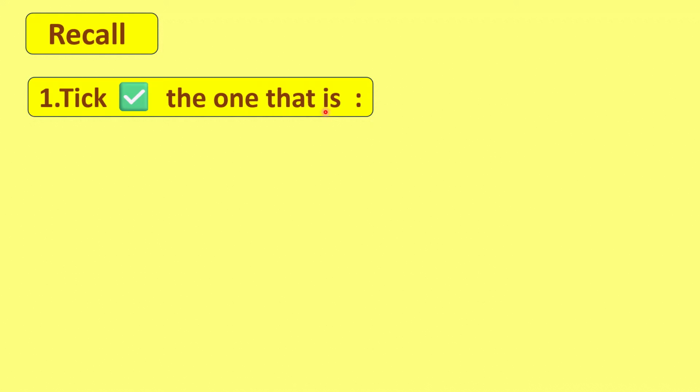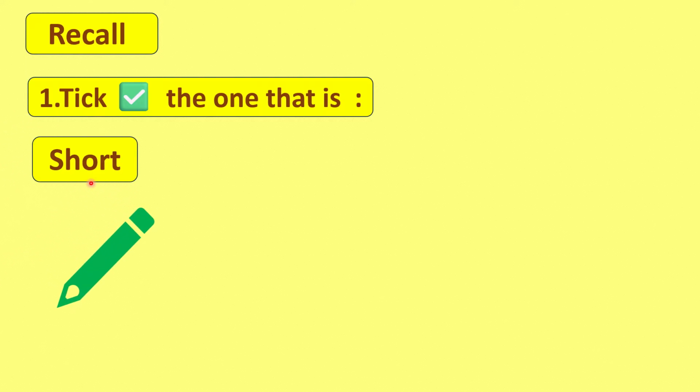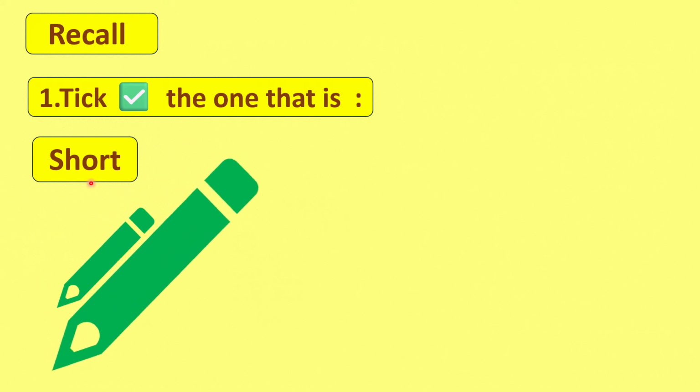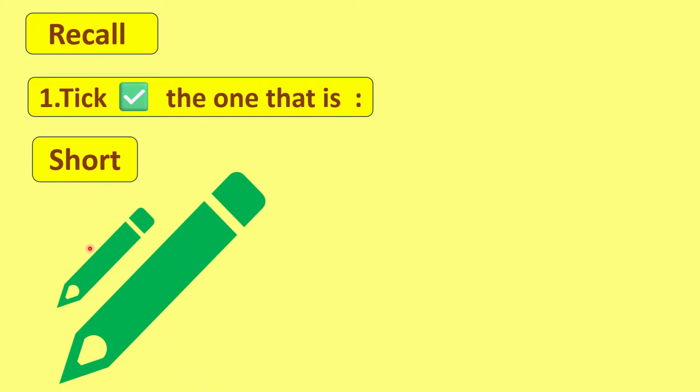Look at here, a figure. Our question is related to short. So we just look at our figure. What is that? It's a pencil. Okay, and another one is also a pencil. But when we look at both the pencils, the short one ends over here. Our short one is just over here.